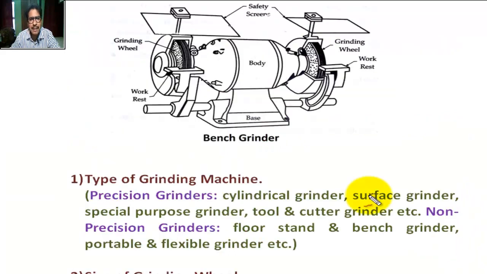Okay. That means if this is the spindle, this is the wheel center, this is the distance from the base plate of the wheel center. Okay.